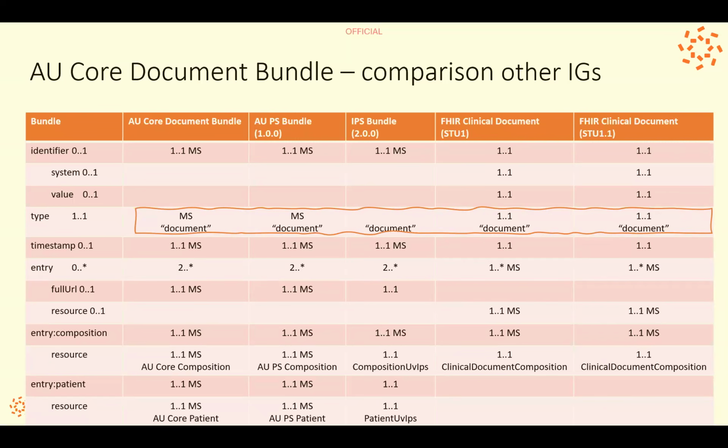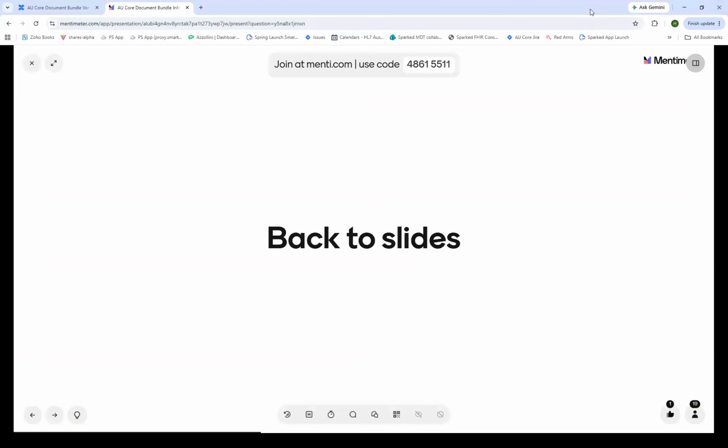I think it's interesting what the difference is between a bundle identifier and a composition identifier and how that works. I don't know if people on the line are familiar with the difference between the two, and why would we have must support on potentially both? But yes, I agree with must support on bundle identifier.